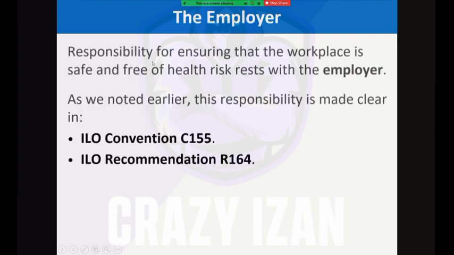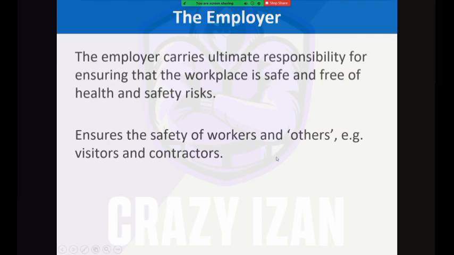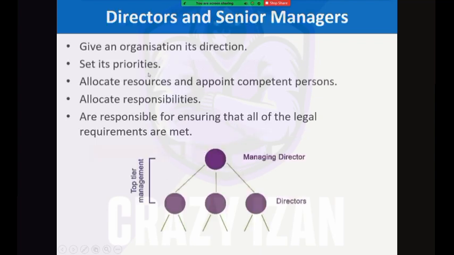The employer has a responsibility for ensuring that the workplace is safe and free from health risks. This lies with the employer, as we discussed in C155 and R164. The employer carries the ultimate responsibility for ensuring the workplace is safe and free of health and safety risks, and must ensure the safety of the workers and others, such as visitors and contractors in the workplace.